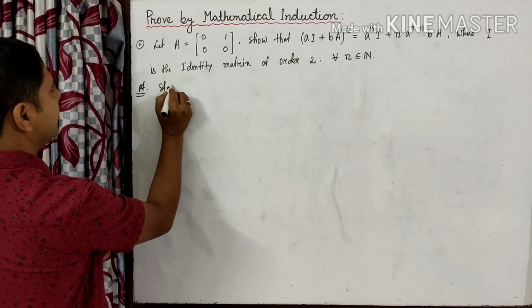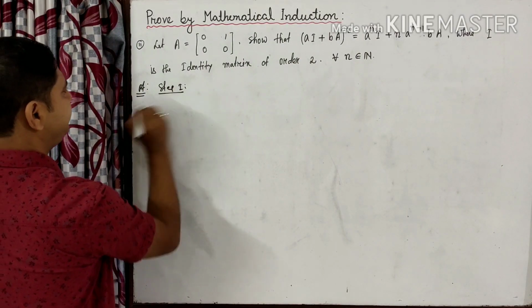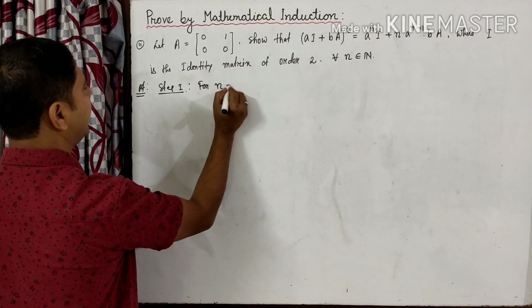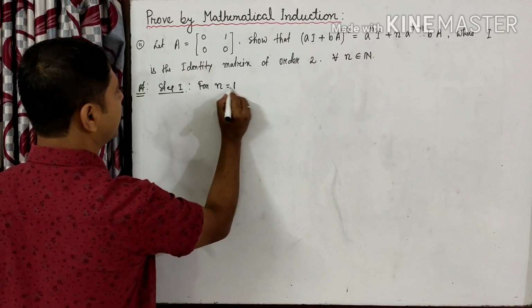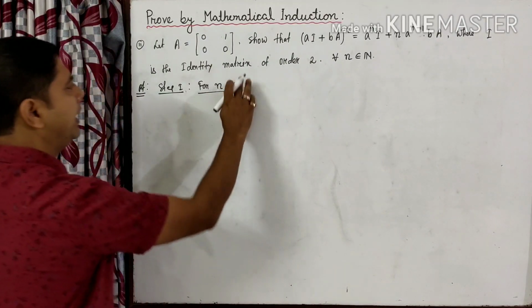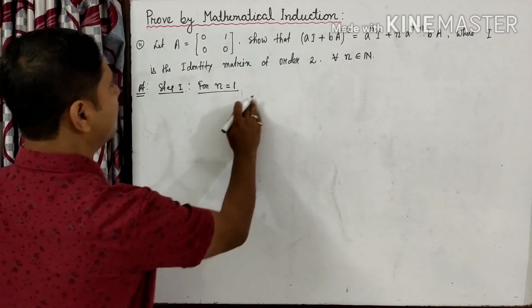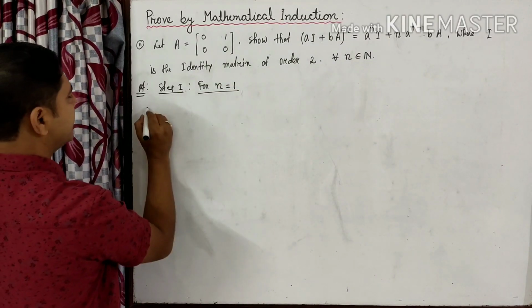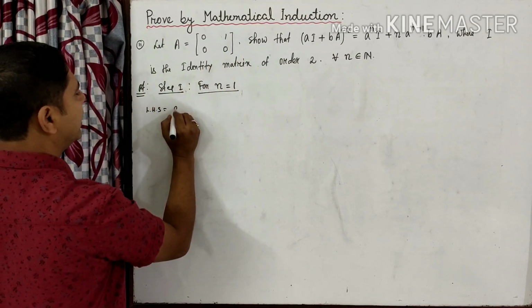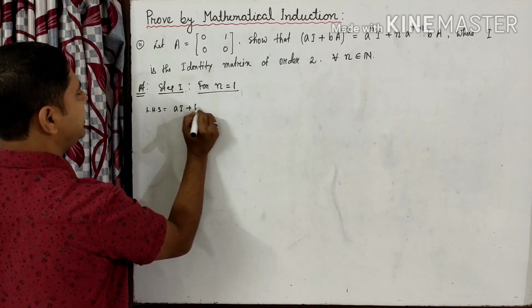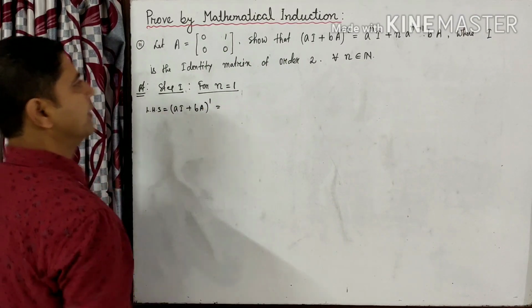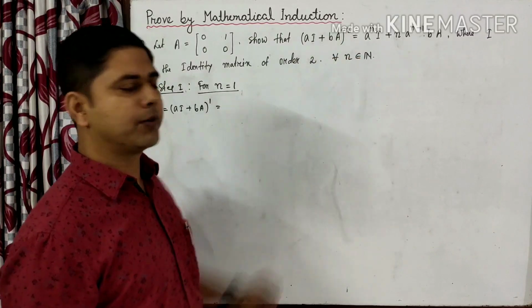Okay. First step, step 1. For n equal to 1, we verify for n equal to 1. The left hand side of this part is (aI plus bA) whole to the power 1.